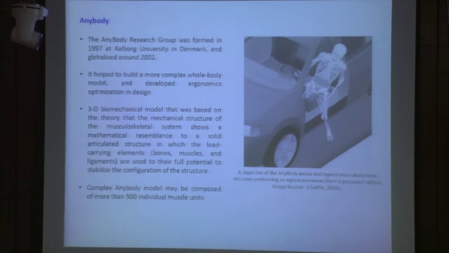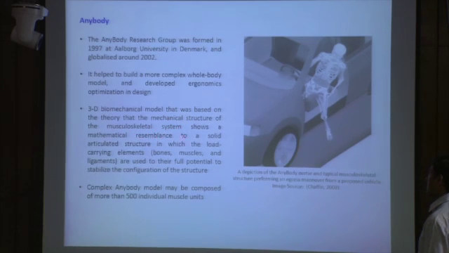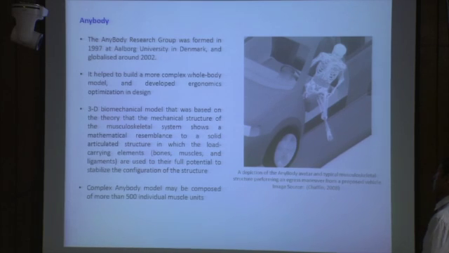The 3D biomechanical model was based on the theory that the mechanical structure of the musculoskeletal system shows a mathematical resemblance to a solid articulated structure, in which the load carrying elements, bones, muscles and ligaments, are used to their full potential to stabilize the configuration of the structure.